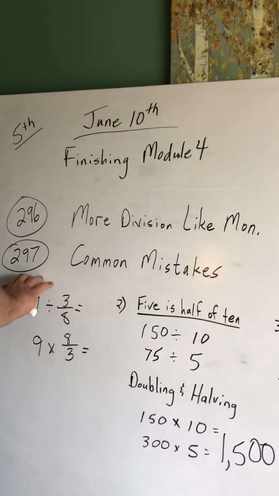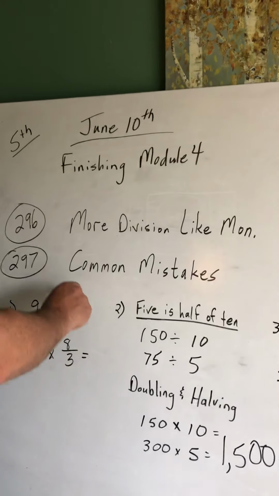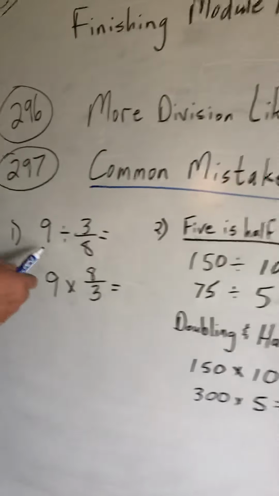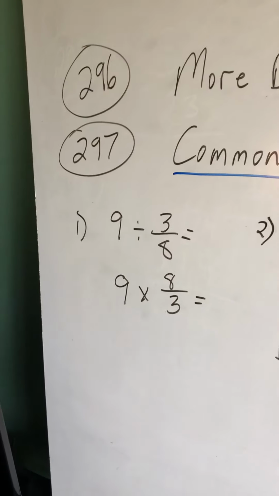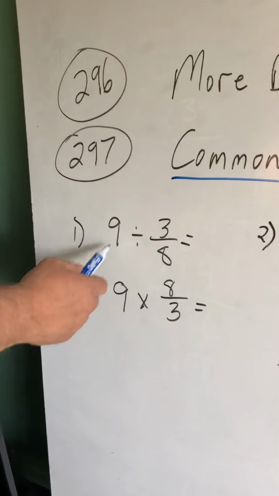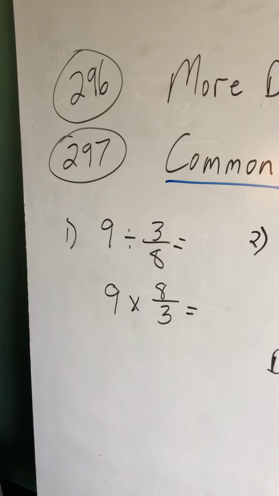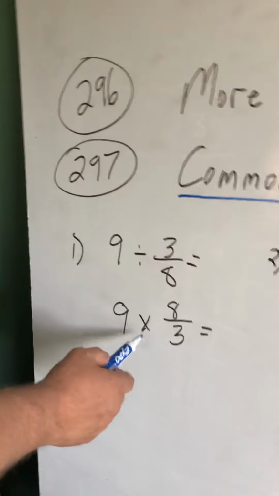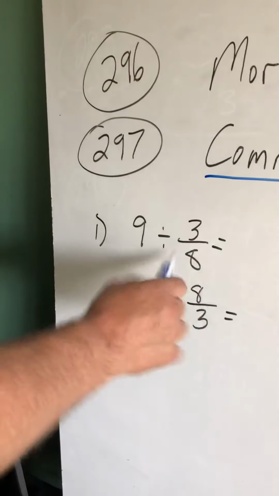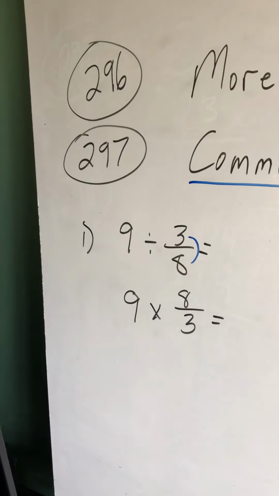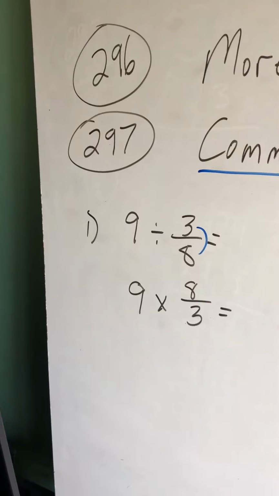On 297, they're talking about common mistakes kids make, okay? For instance, 9 divided by 3/8. Remember, that's the same as 9 times 8/3. Don't forget to do the reciprocal when you multiply by that fraction.